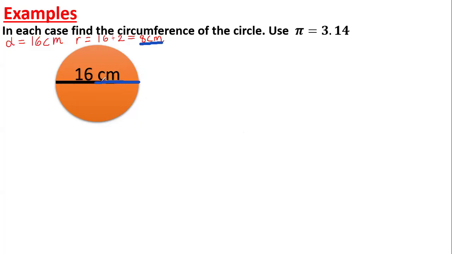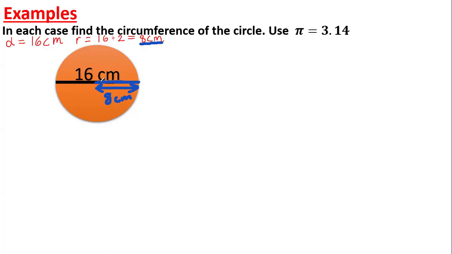But we don't want 16. 16 is the entire thing. We only want half of 16. We only want from here to here, that portion. So that means we just want 8, because 16 divided by 2 is 8, since we only want half of it, right?